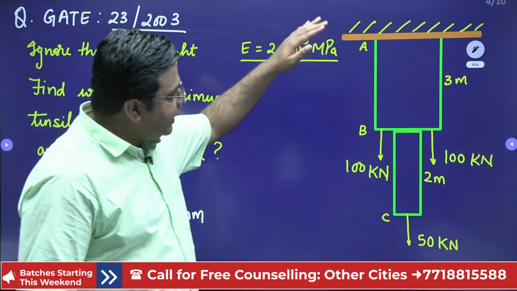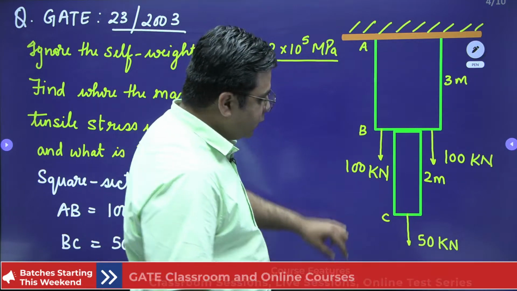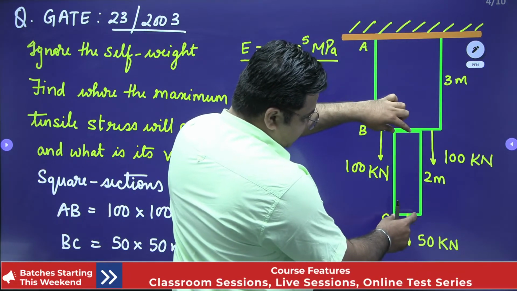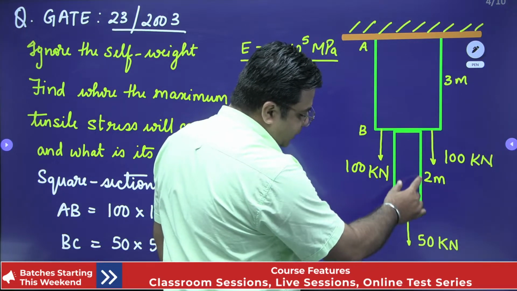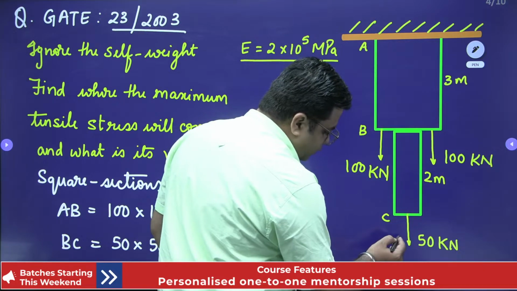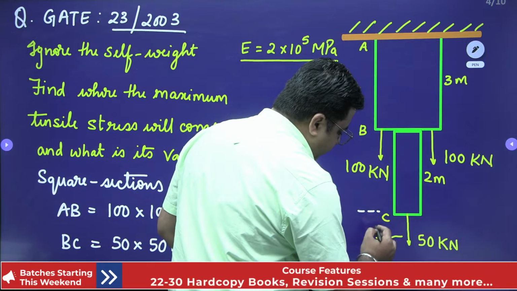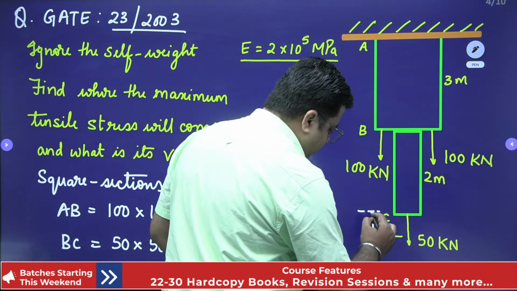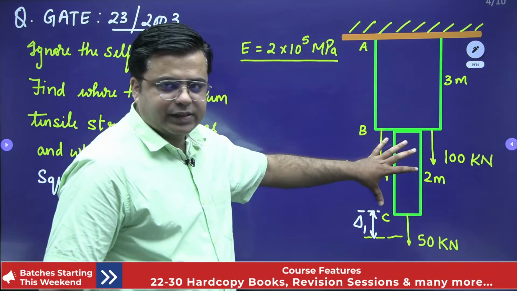If you again observe these two members, both of these members are hanging. First observe this member BC. Due to this 50 kilonewton load, BC will undergo some amount of deformation delta 1. So, this is the deformation due to member BC.